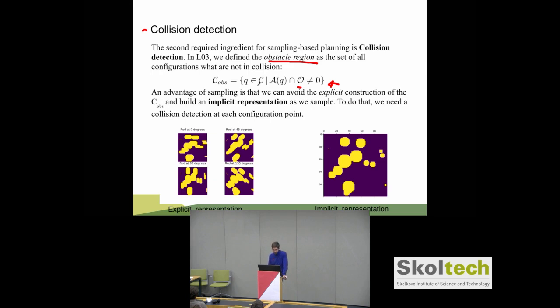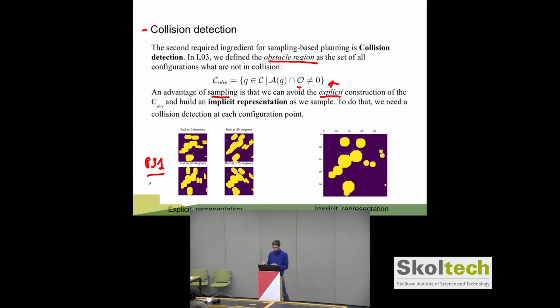So this is just a little reminder, but then the problem is going to be, how can we calculate this configuration space? Another advantage of sampling is that we don't need the explicit construction of the obstacle region. If you remember, this is problem set 1. What we were doing is an explicit calculation of the configuration space by going over all possible values.